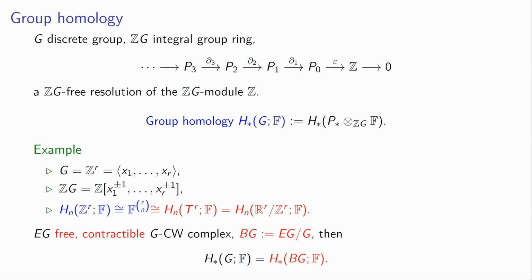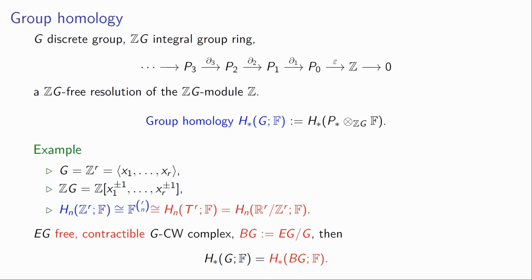And this means we have an interesting invariant, namely its homology, that we call the group homology of G with coefficients in F. This is an important object for my talk. But it's not so much about computation of this homology, as we saw in the last talk, but more about a container for an interesting invariant.